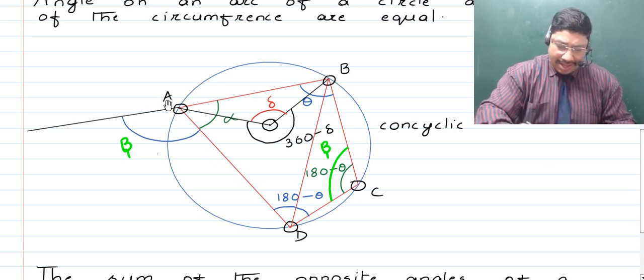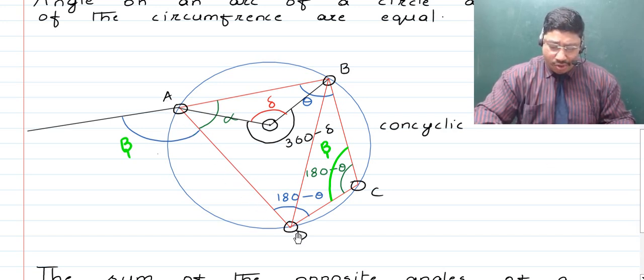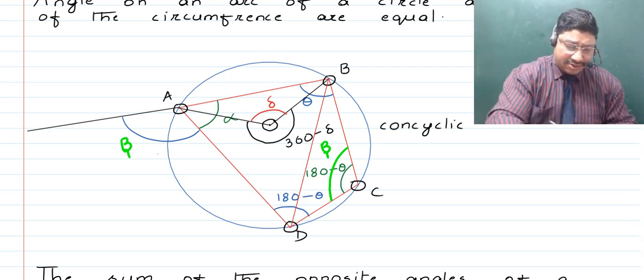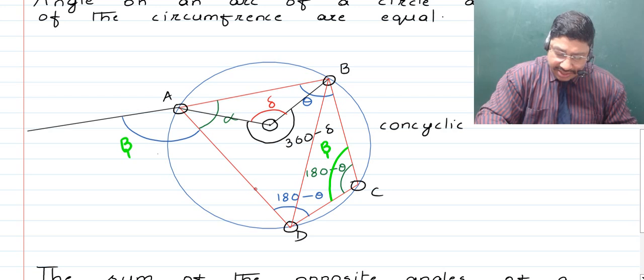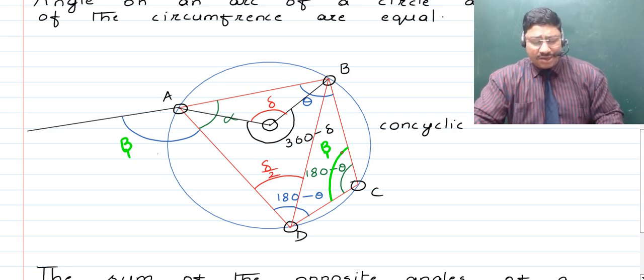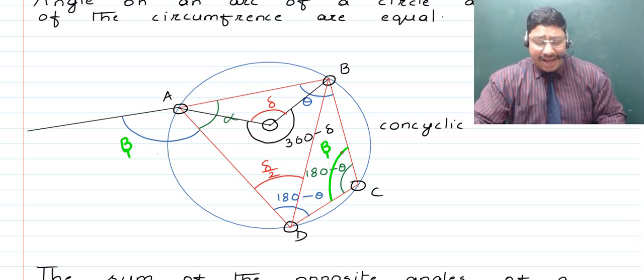One is the chord AD and the second chord is DB, which has an angle on the same segment of the circle, but now at the circumference. So obviously this angle is going to become equal to delta divided by 2. That means half.